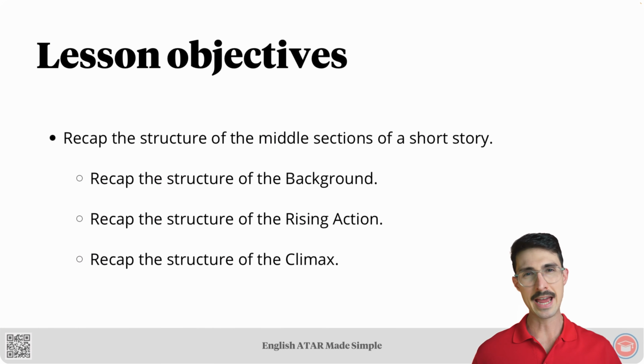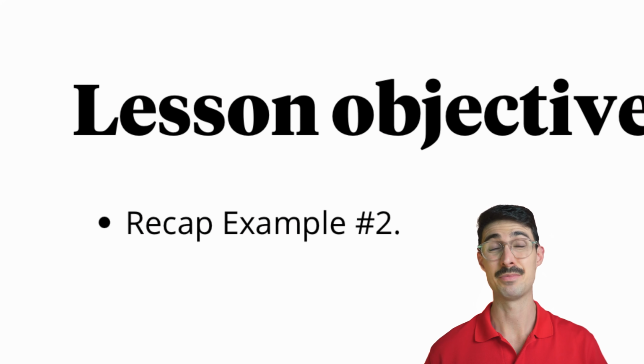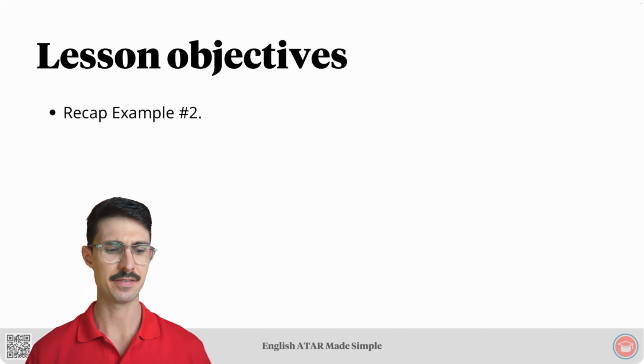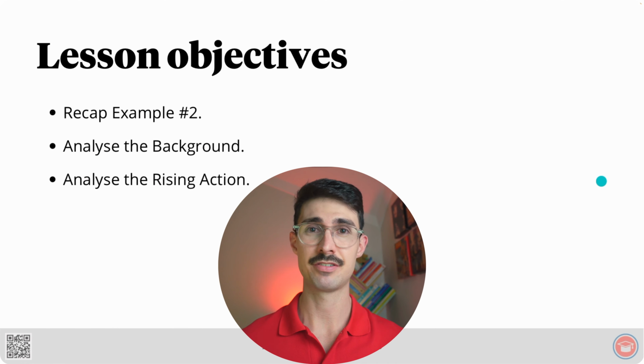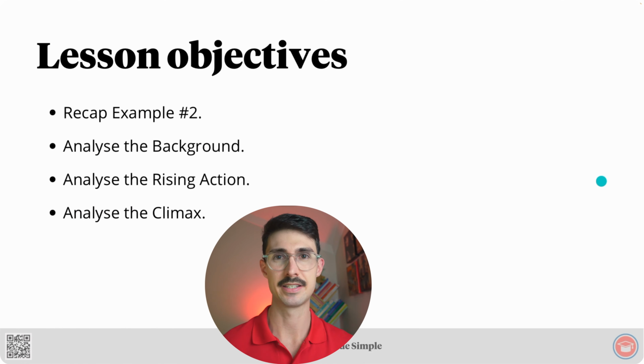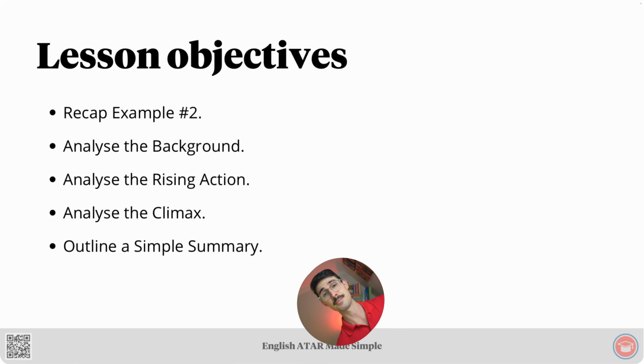You'll be happy to know that's all the recap stuff for this lesson. Then we'll move into recapping example 2. Okay, I think that is all the recap stuff now. Then we will look at analyzing the background section of example 2, the rising action section, and of course, the climax section. From there, we've got a simplistic summary, and we'll call it a day and go eat some guacamole.